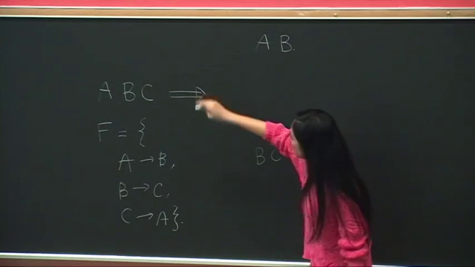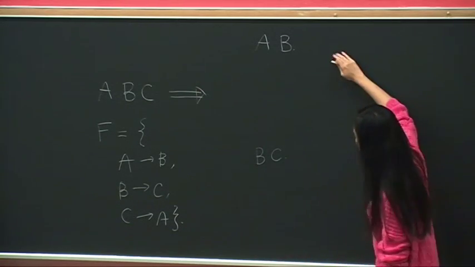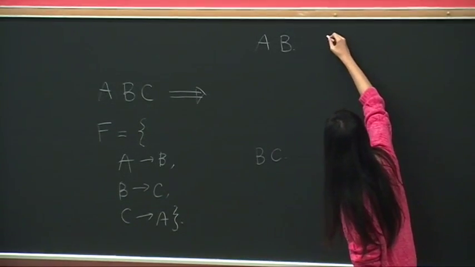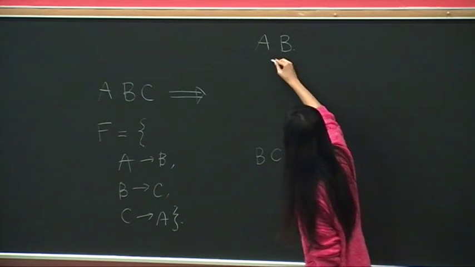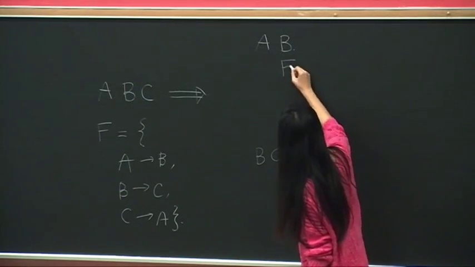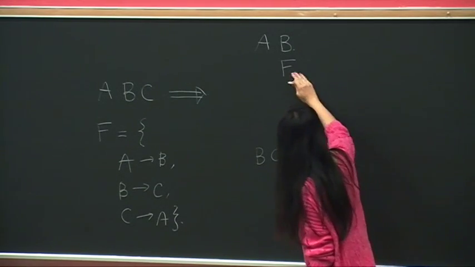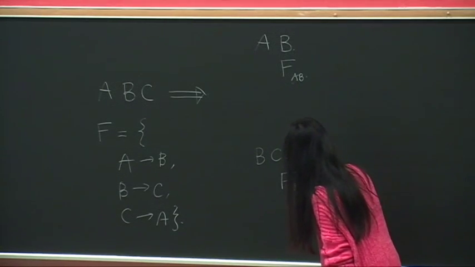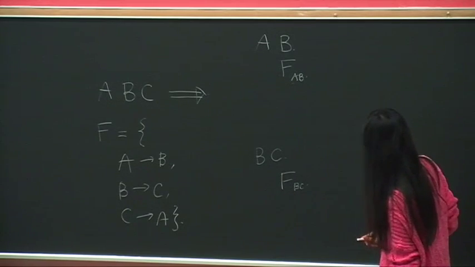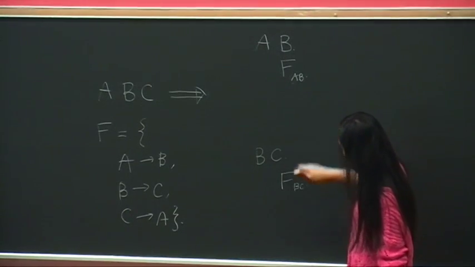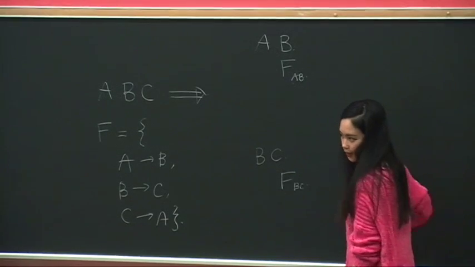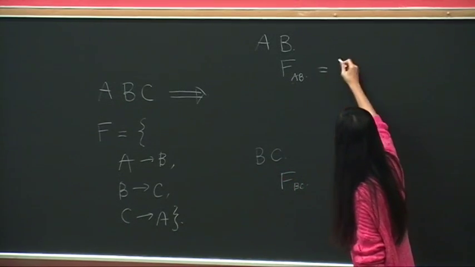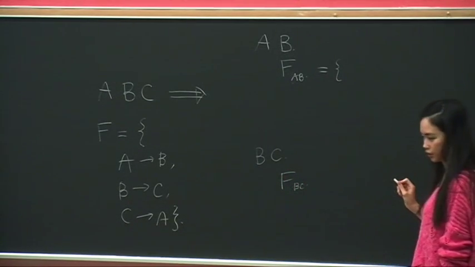So since we break down the original R into AB and BC, let's first check both of their projections. We want to separately check the projection of F on AB and also the projection of F on BC. So according to here, what do you think the projection of F on AB will include?